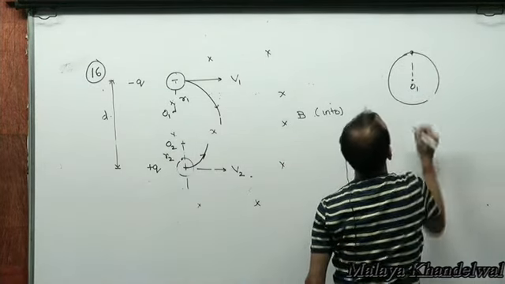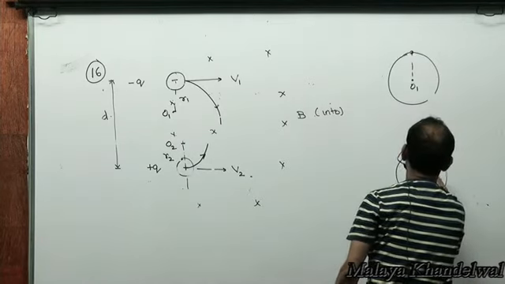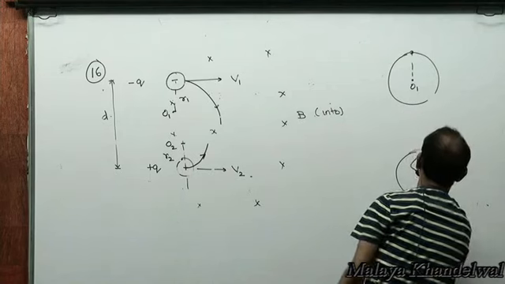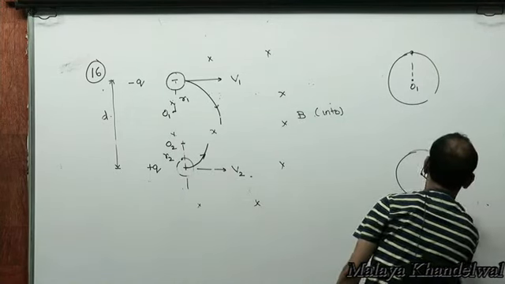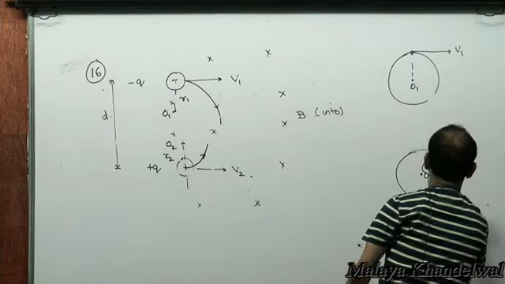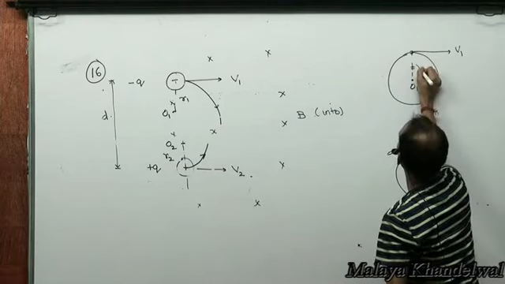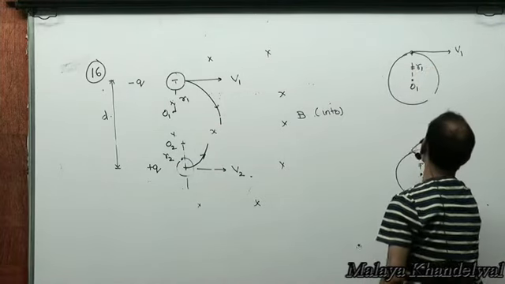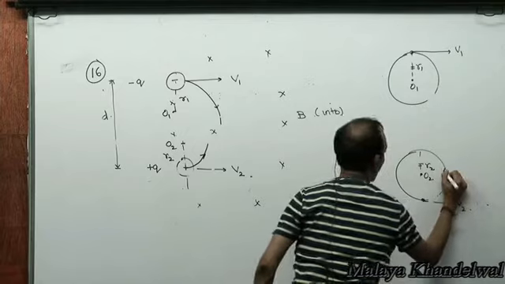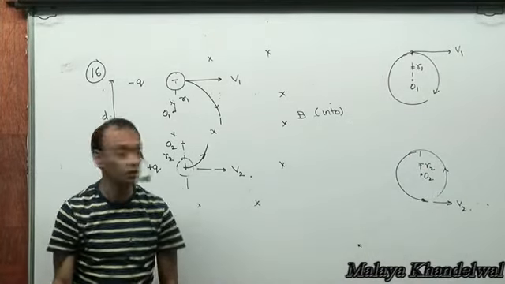Now, this is O1. This is where this particle starts from. This is the center of the circle executed by the other particle, O2, and this is where it starts from. This is V1, this is V2. This is R1, the radius of this circle. This is R2, the radius of this circle. If this happens, they will not collide.